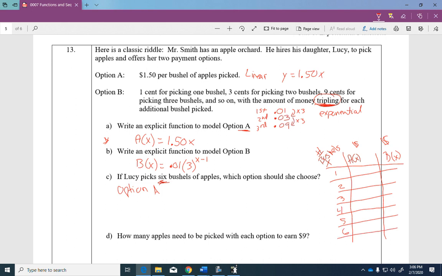So if I copy down up to 6, I actually have enough information.